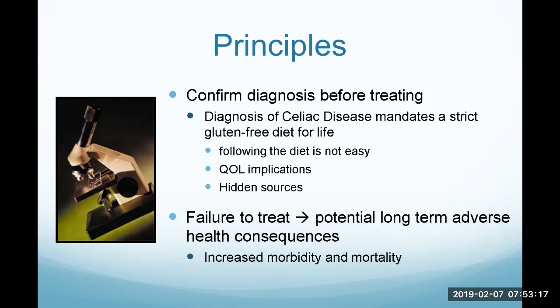It affects the quality of life, and if you are not purely gluten-free, it increases the morbidity and mortality of the patients. The most difficult patients are those who have latent disease and silent celiac disease. Just because they don't have symptoms, they don't realize that not eating gluten is going to be beneficial for them.